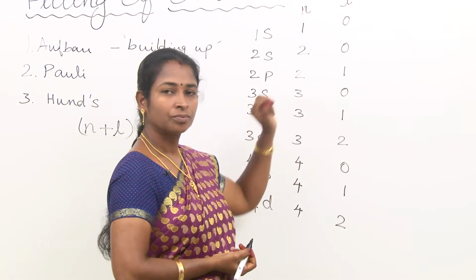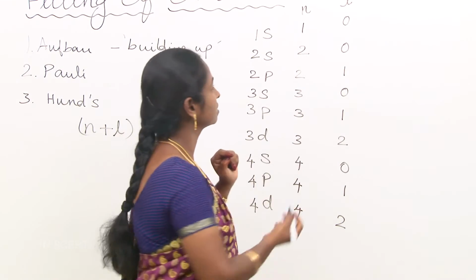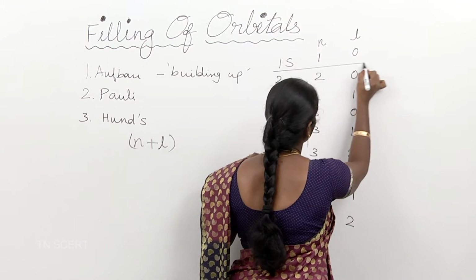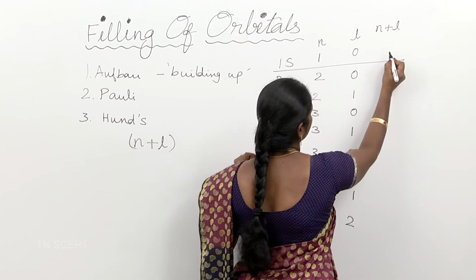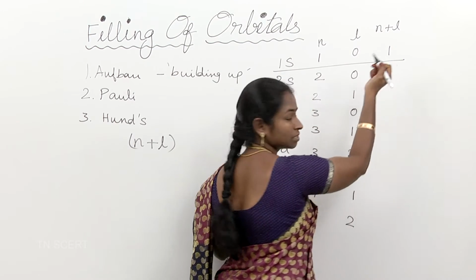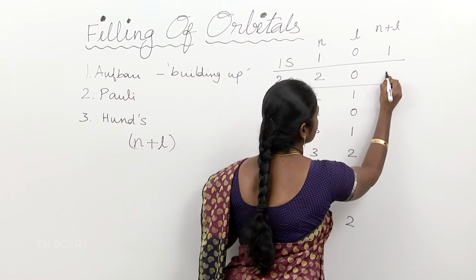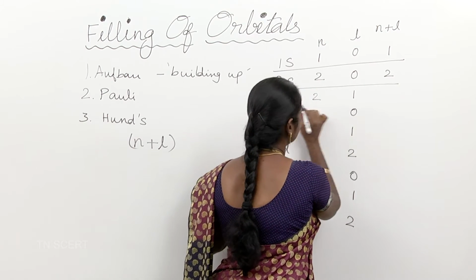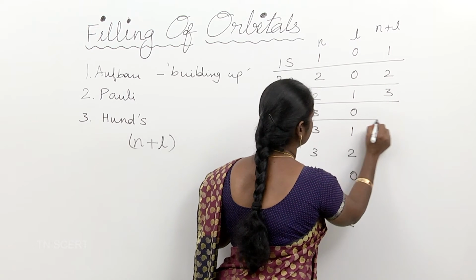Now, add the n value and l value for all orbitals. Tell me the value. It is 1 for 1s orbital. For 2s orbital, it is 2. For 2p orbital, 3.